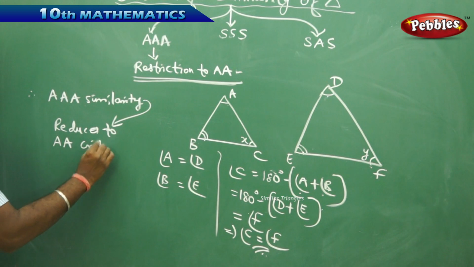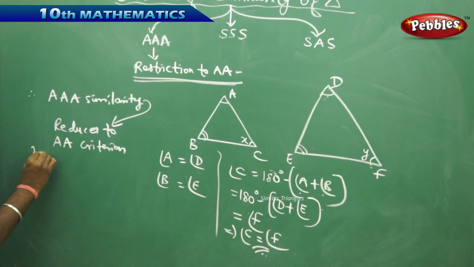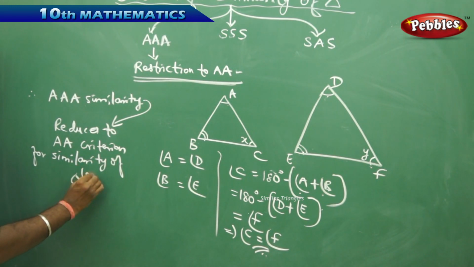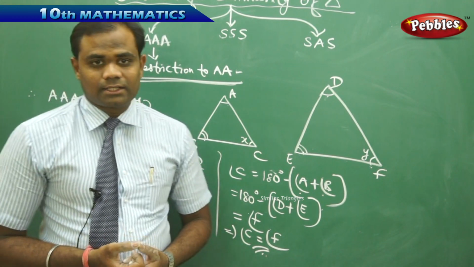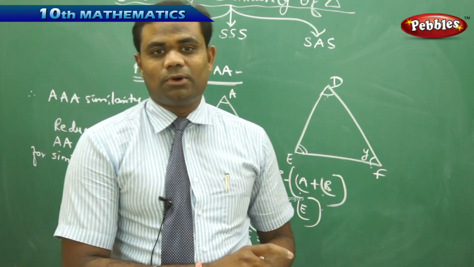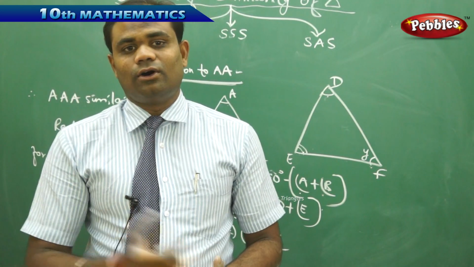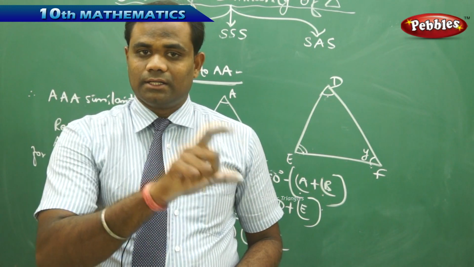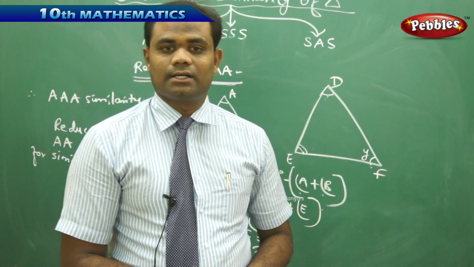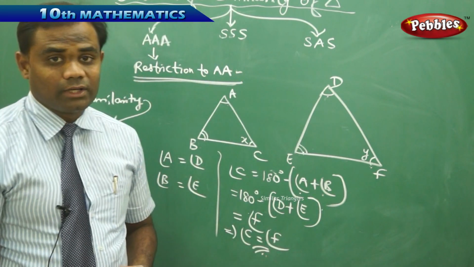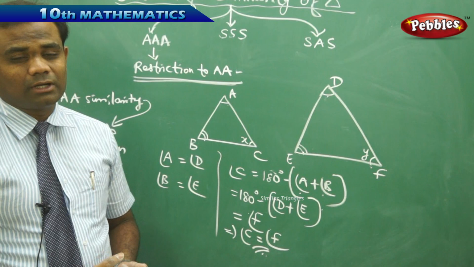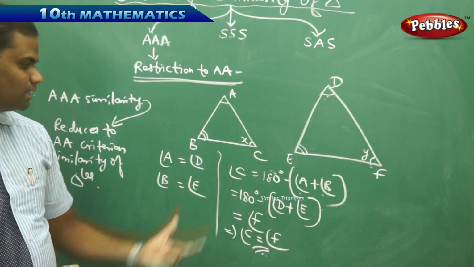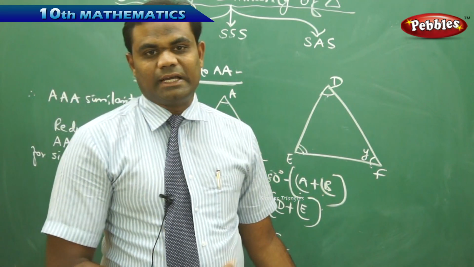Reduced to the double A criterion for similarity of triangles, my statement says that if two angles of one triangle are correspondingly equal to two angles of the other triangle, then the sides will be in the same ratio, and hence the two triangles are similar. Therefore, the proof extends only to two angles being equal, but not the three angles. So triple A similarity is restricted to double A similarity, from this proof as evidence.